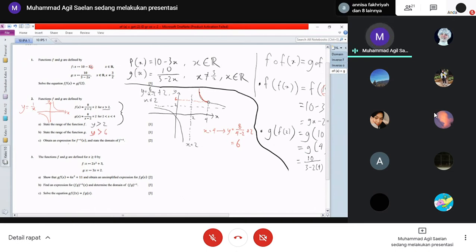Okay, and then obtain an expression for f inverse of x and state the domain of f inverse. So for the domain, we can answer that directly from the range of this function. Jadi we know that the domain of f of x is... okay, let me use another color.